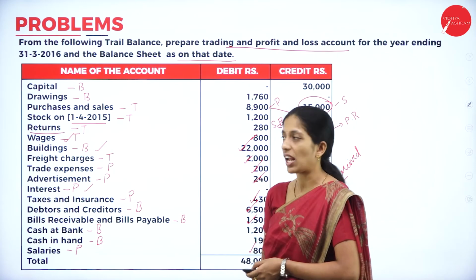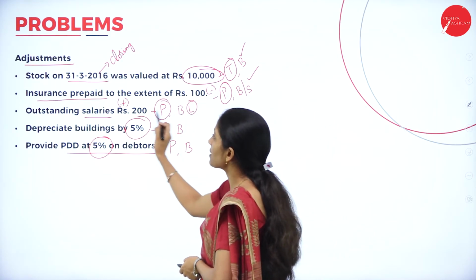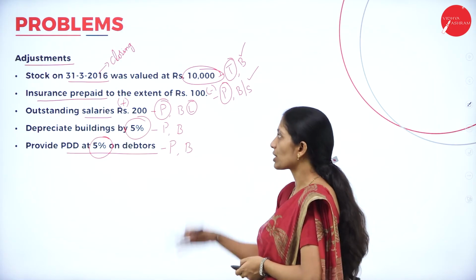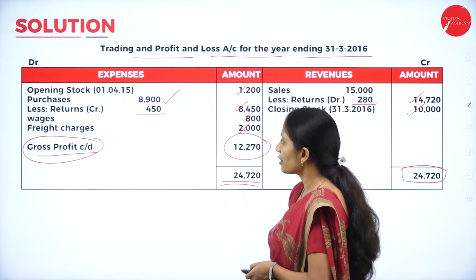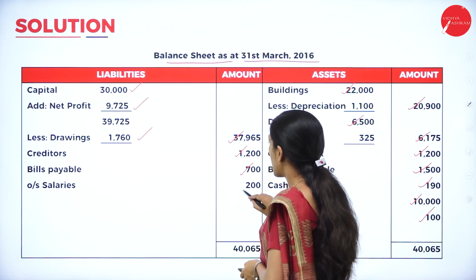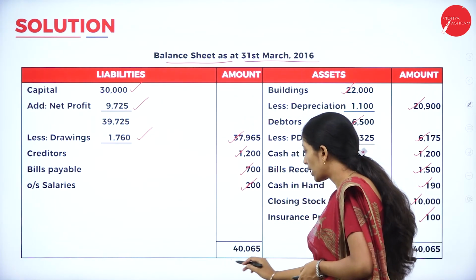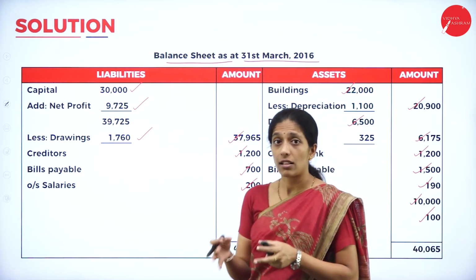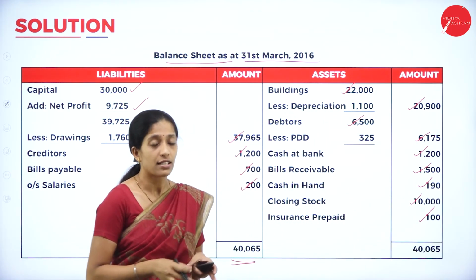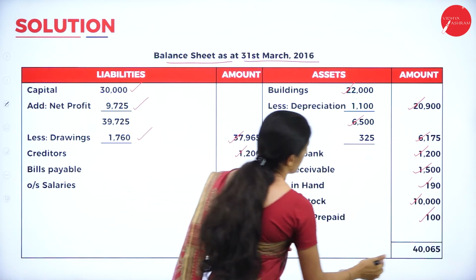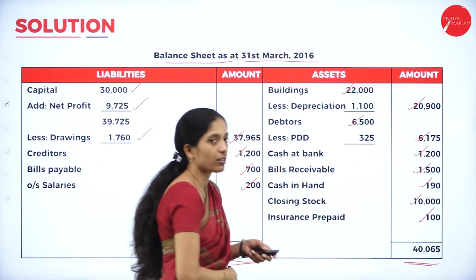Yes, we are done with the trial balance. And one more liability is left, that is outstanding salary. It is a liability, that is outstanding expenses. So write that 200. Now add all the amounts in the liabilities. So we'll get 40,065. In the same way, the total of assets should also be equal to the total of liabilities. If you add all the assets, there also you'll get 40,065.